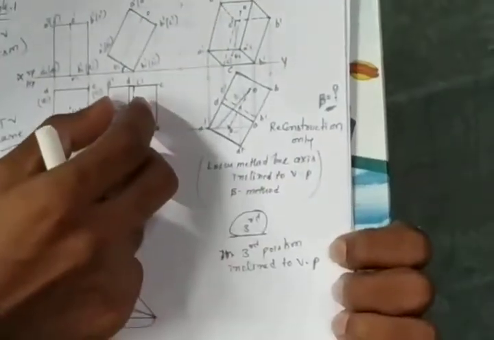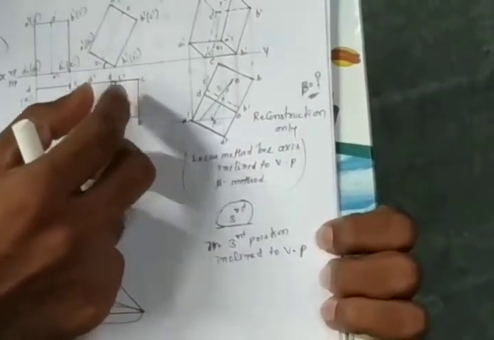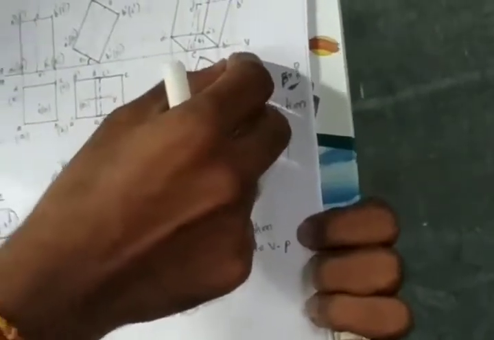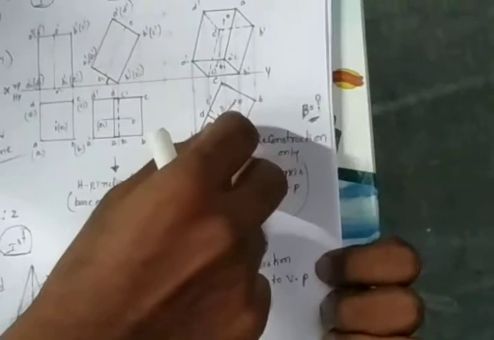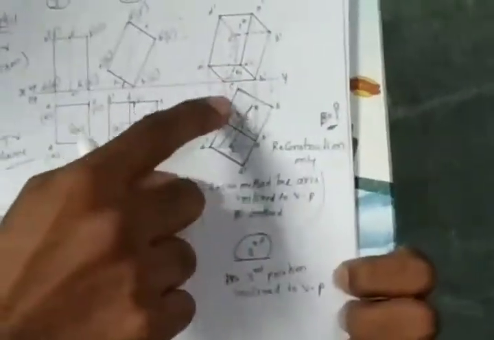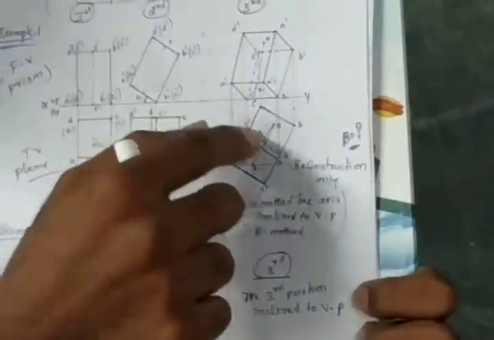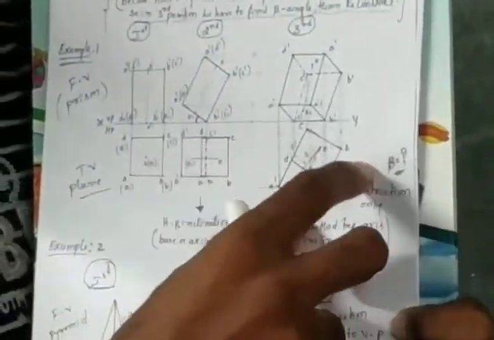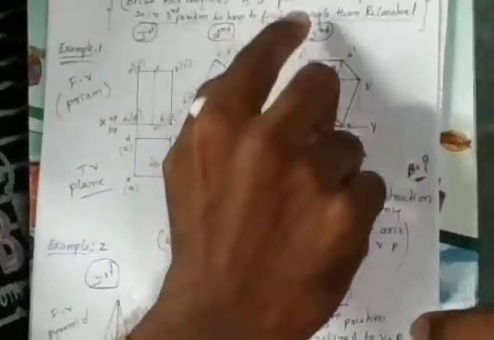Then take the second position axis, that is the O1 to O distance, and from O cut on the locus line and join, so that you will get a beta angle. On that beta line you are going to reconstruct the second position top view, and projecting upward, you will get the final view.